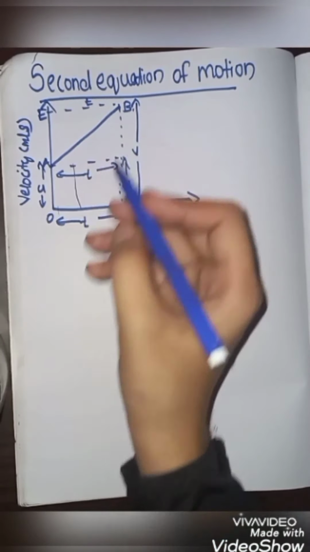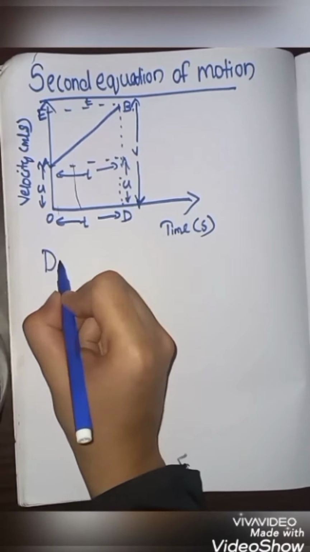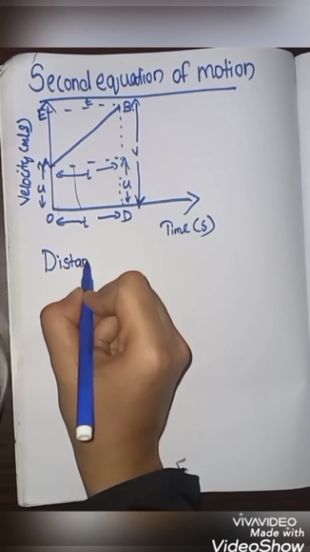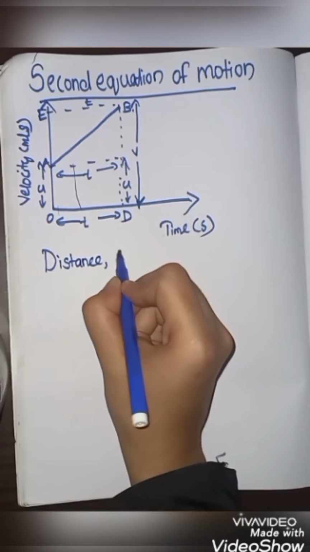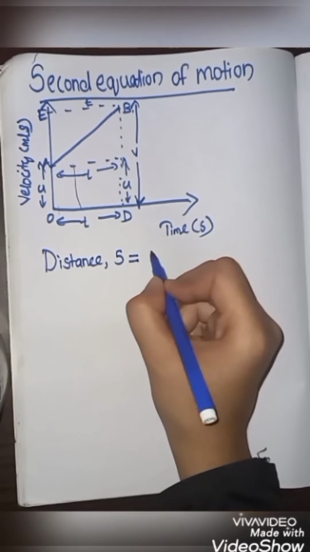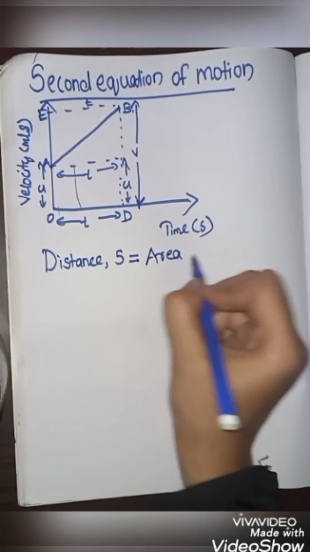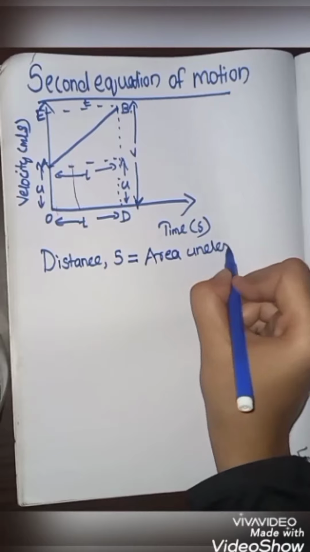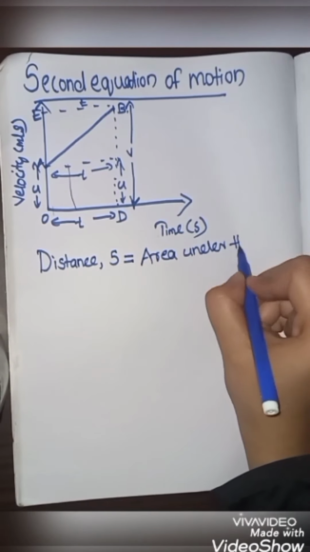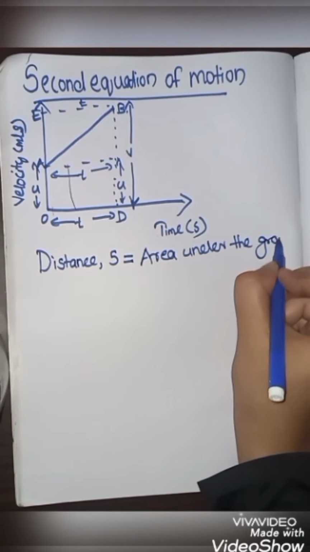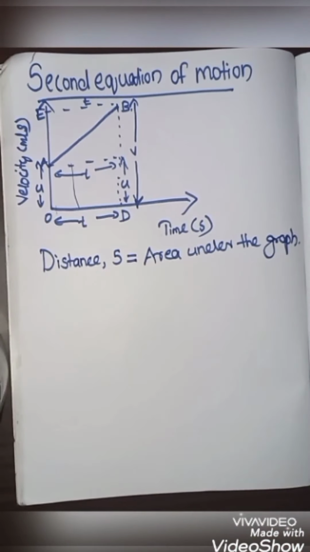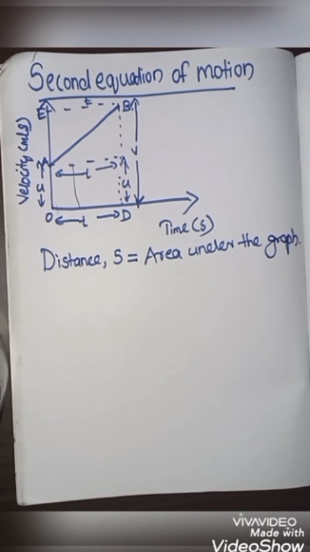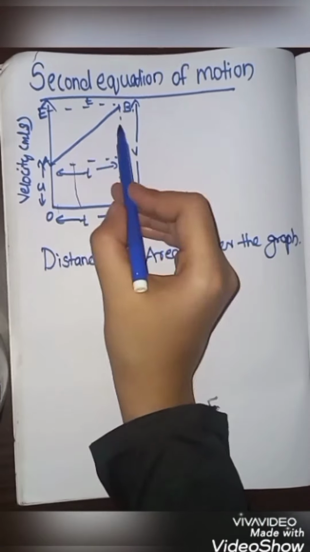Okay. Here we are using distance as the distance covered. Distance can be denoted by the letter S, which is equal to the area under the graph. How can we calculate the area under this graph?